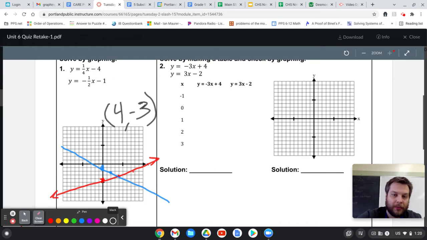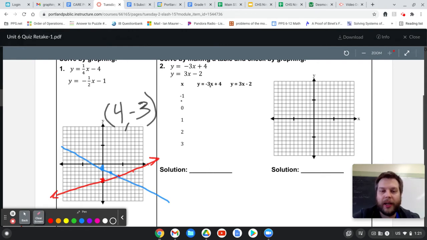The second problem, we're going to make a table and check our answer by graphing. And when you make a table, you are just plugging in, you are substituting the x value. When x is negative 1, y is negative 3 times x plus 4. So just do it. Do the math. Negative 3 times negative 1 is positive 3.